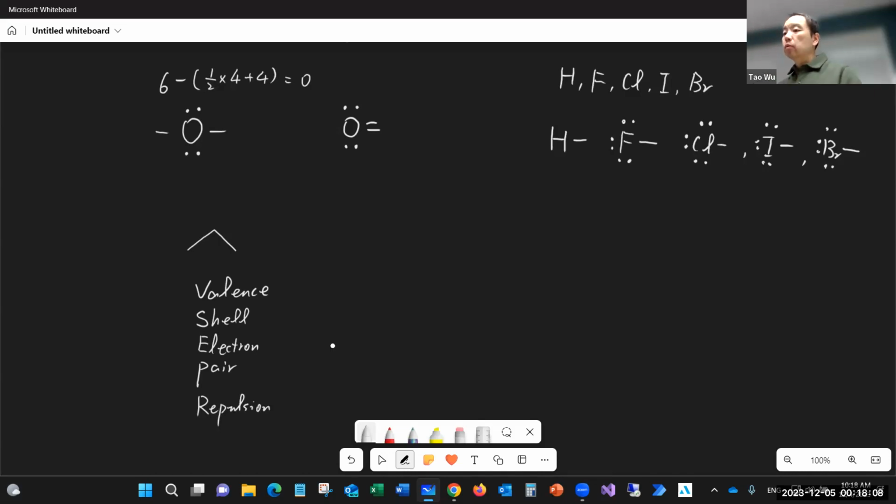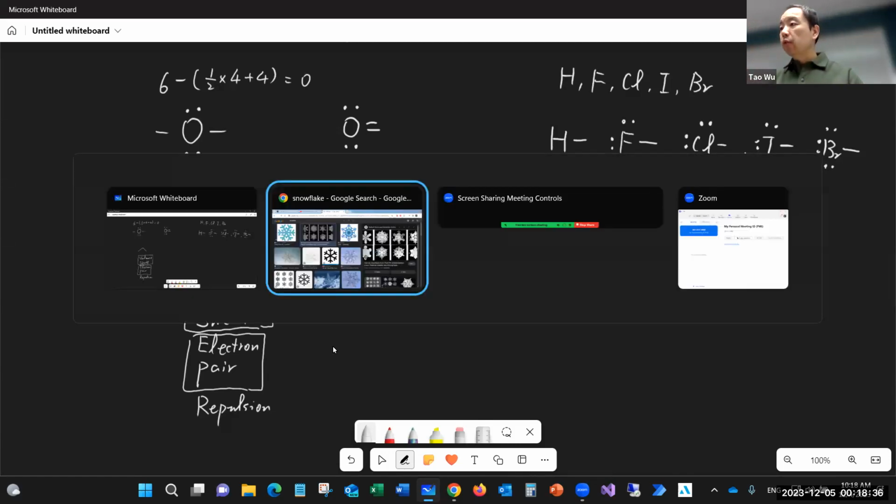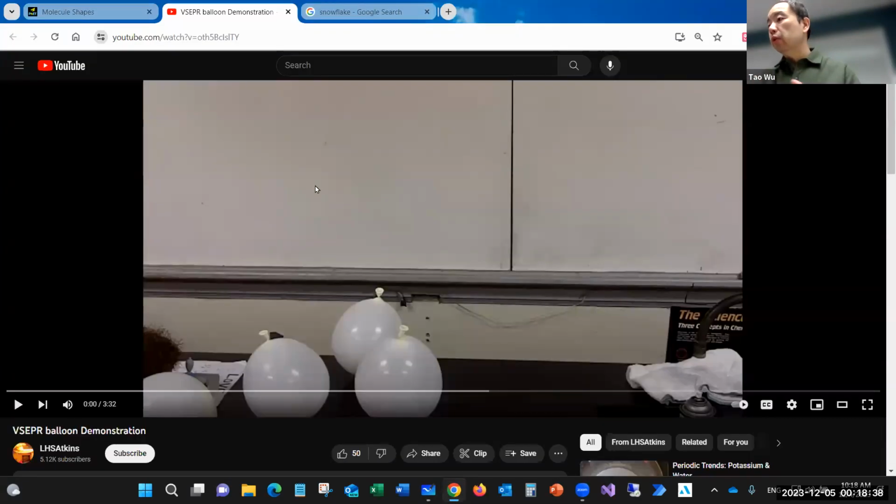In other words, the valence shell and the electron pairs are going to repel each other in space. That is why each of those parts has to occupy its own space, and because of the repulsion between each of them, we form a structure. So let me give you an example, a video demonstration. We're using a balloon as a lone pair.